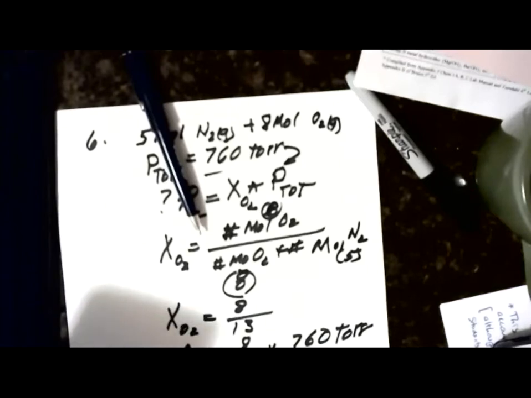So it doesn't matter which one we did first. So let's just take 760 minus the answer I've got, and that gives us 292.307 and other digits Torr is the nitrogen value.